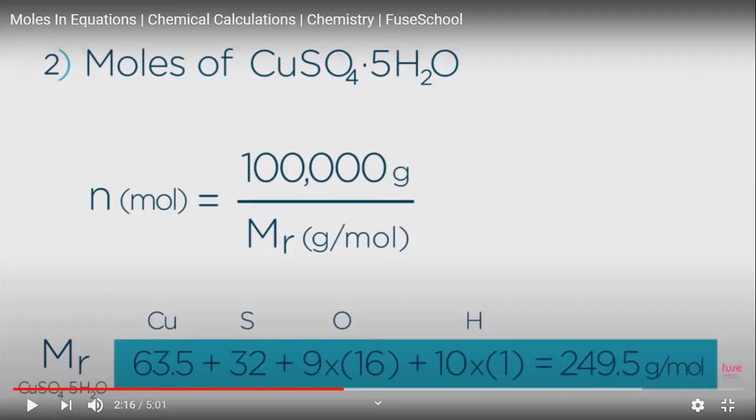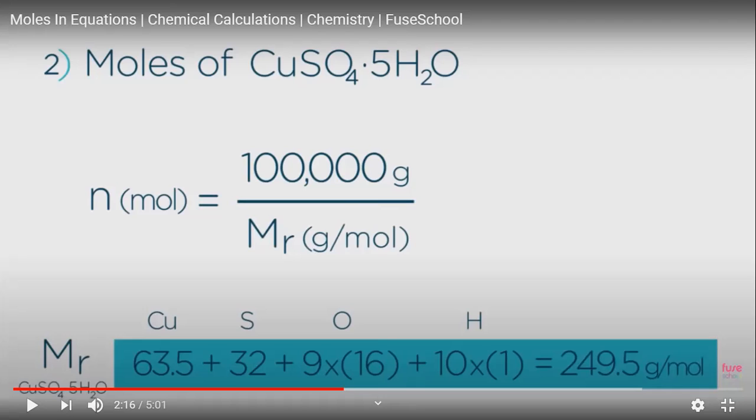Okay, Mariam? Do you understand? Yes. This is the way by which we can calculate the molecular mass of hydrated copper sulfate, which is simply CuSO4 multiplied by 5H2O.